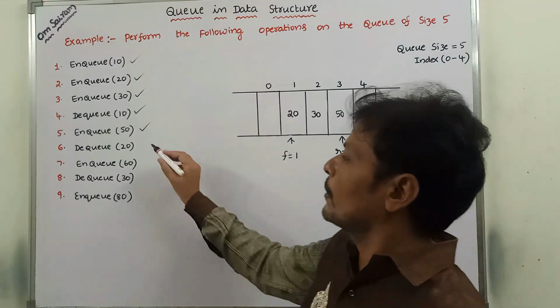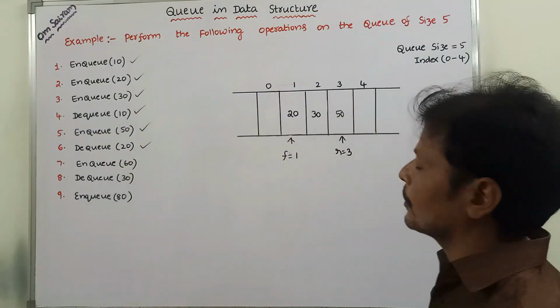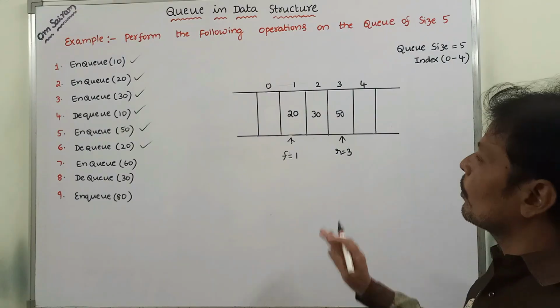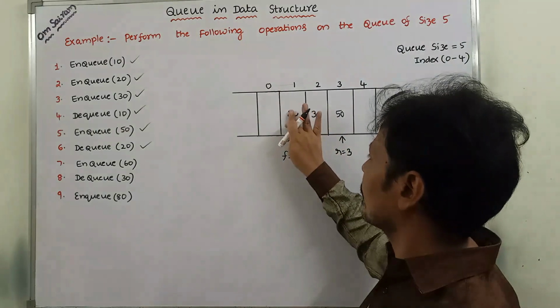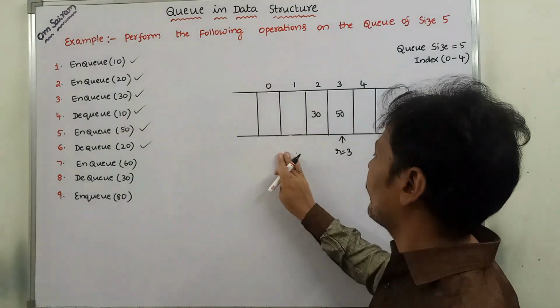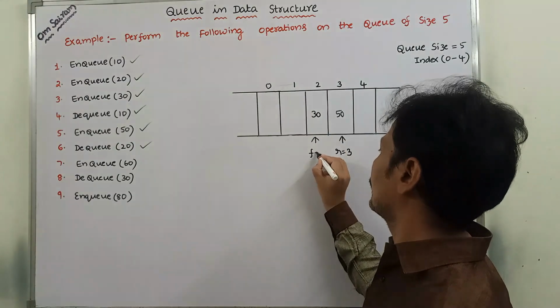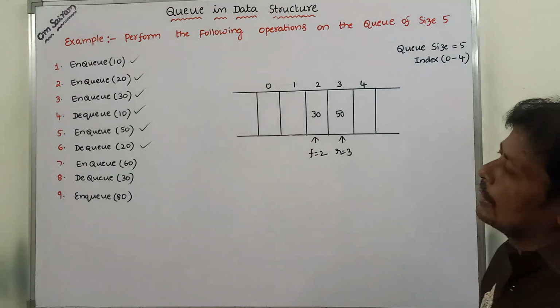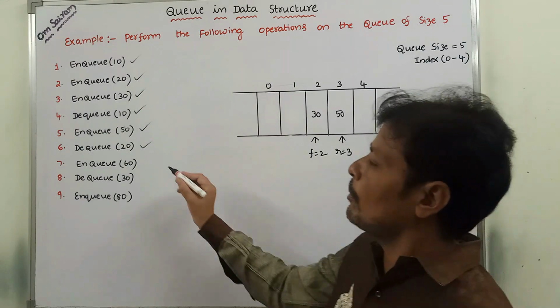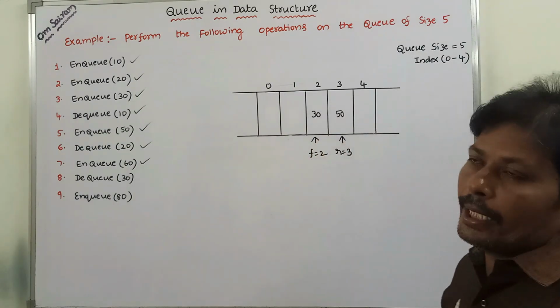Next, we have to perform DQ of 20. So now we are deleting 20 from the queue. Then the front pointer is incremented from 1 to 2. Next, we have to perform NQ of 60.